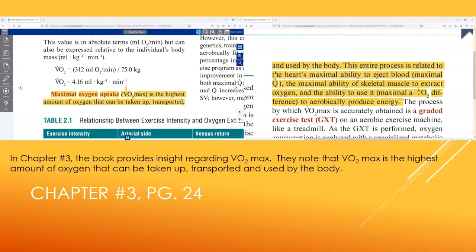Now, granted, it's not completely devoid of CO2 going out or devoid of oxygen coming back, but the ratio of the partial pressure on each side of that is different. So you're going to have a higher partial pressure of oxygen going out and a lower partial pressure of oxygen coming back. And the difference between those two is, quite frankly, at its simplest, just the AVO2 diff.